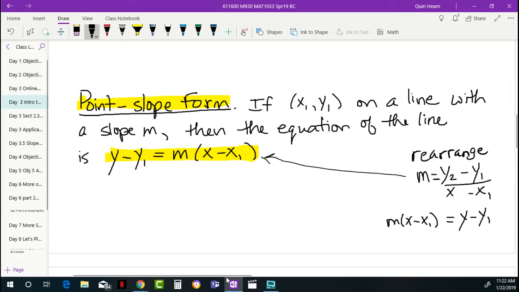By the way, that comes from rearranging the slope formula with, instead of an x2, y2, just a y and an x, and then multiplying both sides by the denominator. You don't need to know this, but sometimes it's helpful to know where a formula comes from to help you memorize it. In any case, let's talk about how we use it.